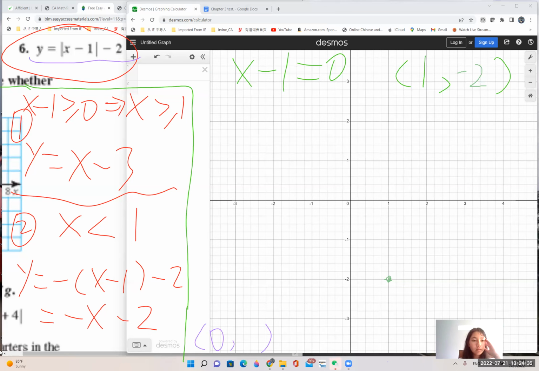You take x equals 0 into this equation to get y. No, actually not -3. You say x is 0, 0 minus 1, you get -1. Take absolute value, it goes to 1, right? Then 1 minus 2, you get 1.